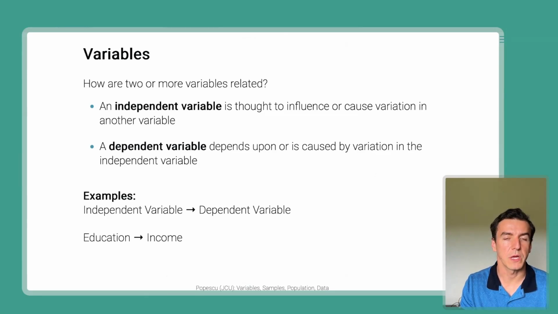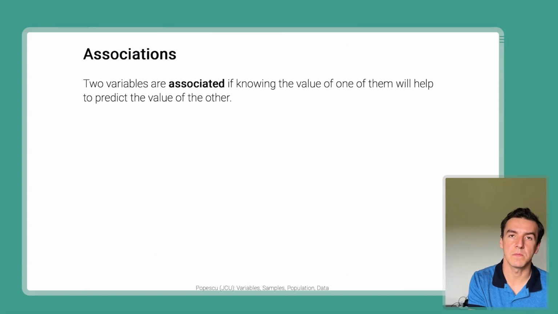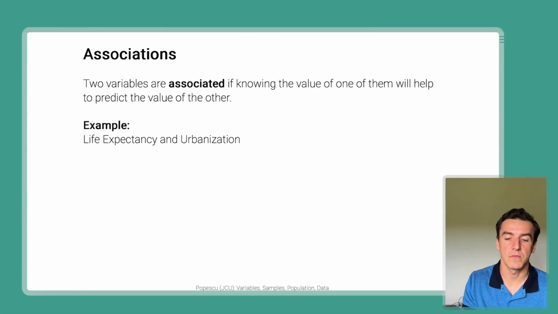So for example, we can think of education as having an impact on income. The more education people have, the richer they become. So two variables are associated if knowing the value of one variable will help us predict the value of another.